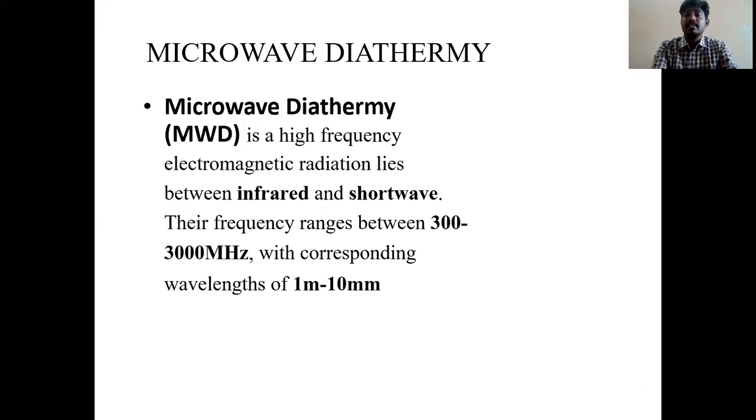Microwave diathermy is a high frequency electromagnetic radiation that lies between infrared and short wave. So the frequency range is between 300 to 3000 megahertz, again, 300 to 3000 megahertz, with a corresponding wavelength of 1 meter to 10 millimeter.